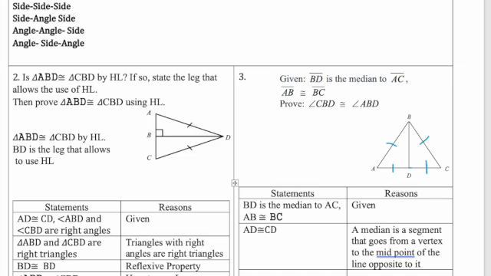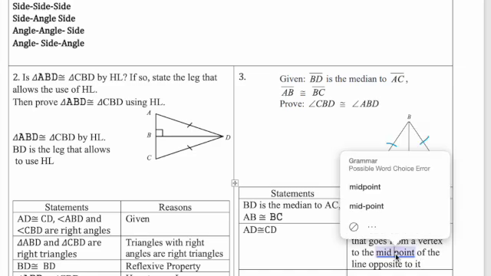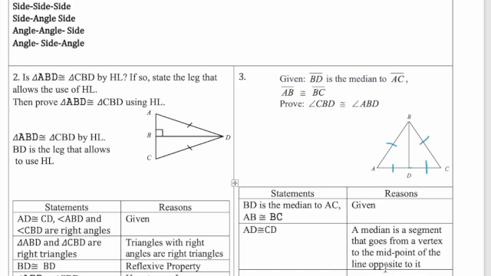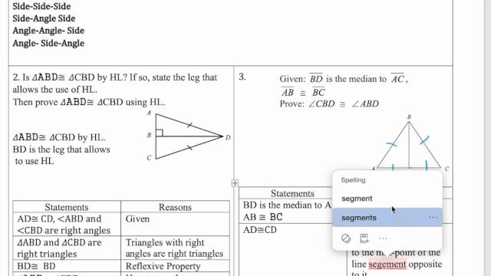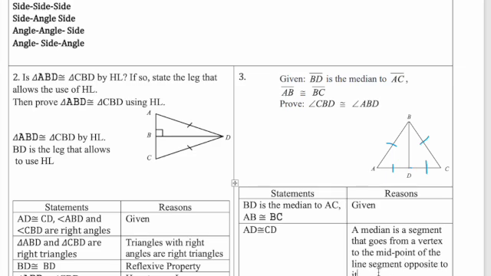So a median is a segment that goes from, right, a vertex to the midpoint of the line or line segment opposite to it, right? Opposite to the vertex. I'm just going to put this. Okay, so that's our median. That gives us that this is congruent to this.